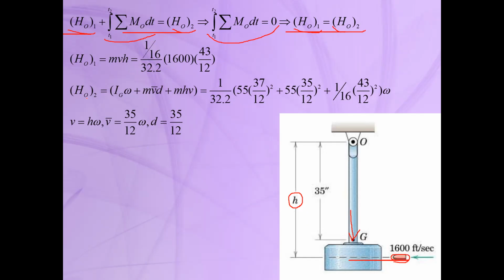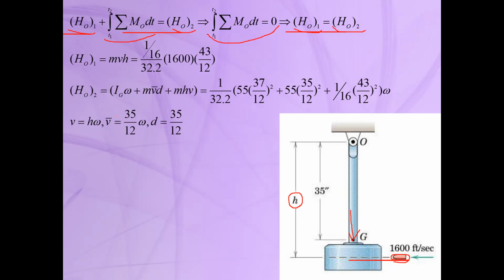For HO2, or the final angular momentum, we have a pendulum which starts to rotate about this point O. Also we have this bullet which sticks to this compound pendulum, and both of them rotate together. So the angular velocity for both masses is the same, which we assume is omega.